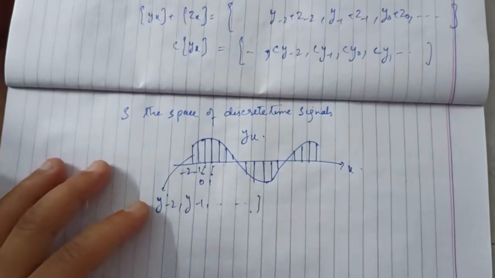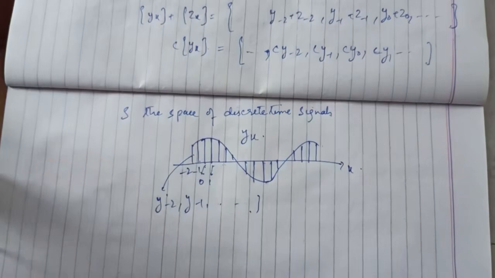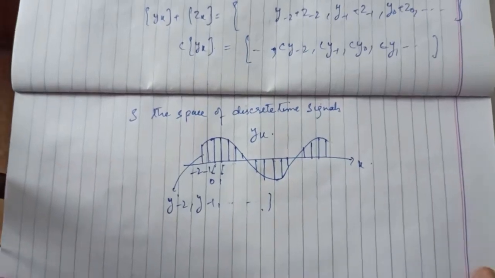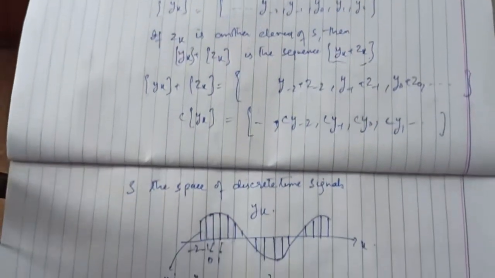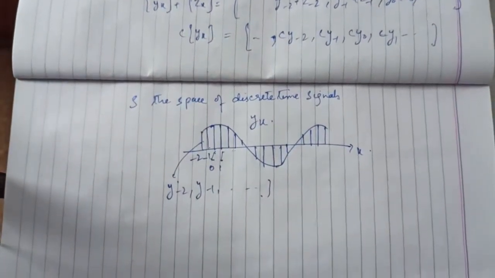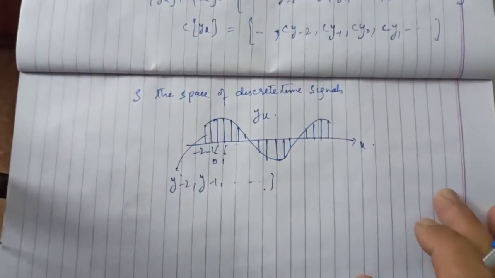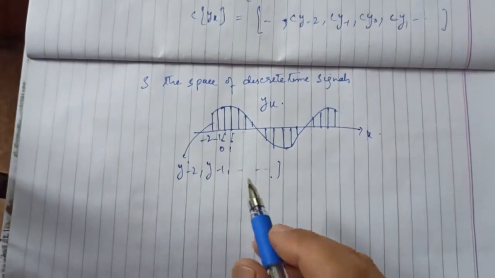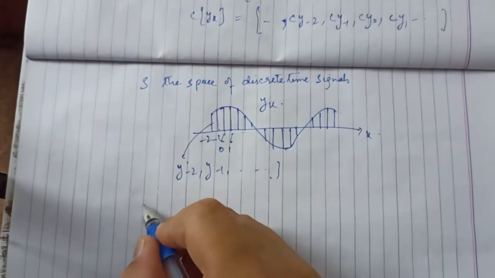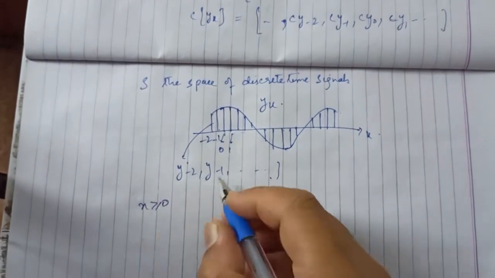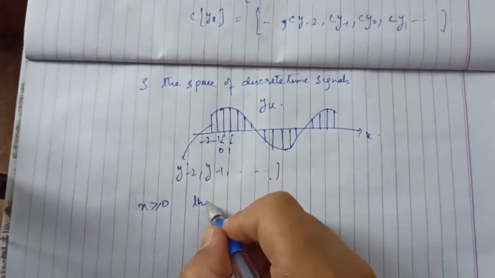So this is an example of a vector space. One other example is, for n greater than 0, the set of polynomials.